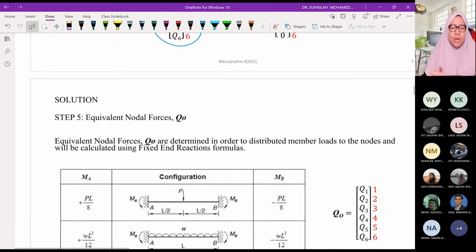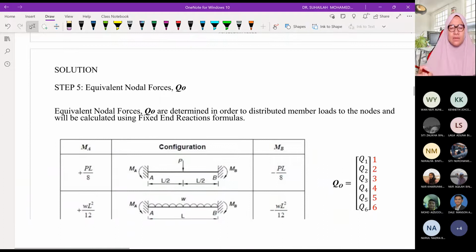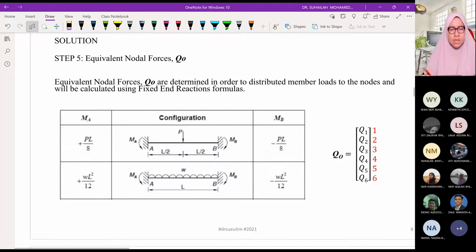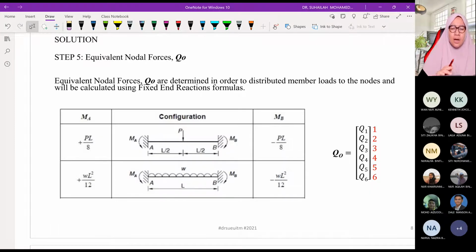Okay, now we want to move to equivalent nodal forces. Equivalent nodal forces will be determined in order to distribute member loads to the nodes and will be calculated using fixed end reaction formula.